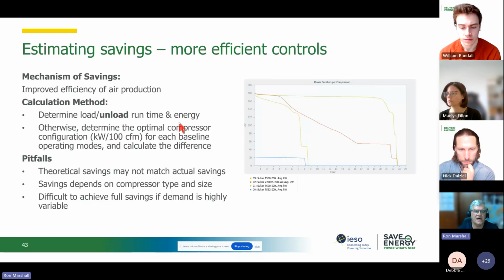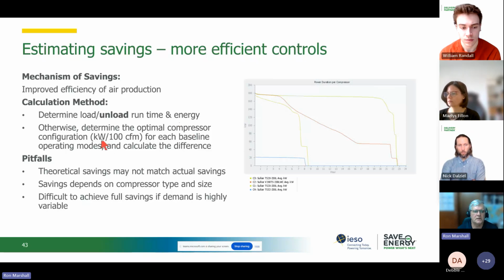And that's one of the things I very often use, right? I might calculate what the system kilowatts per 100 CFM is of the old system, and from the KGI sheets, if I had perfect control, I would calculate the kilowatts per 100 CFM for an optimized system and compare the two, right?